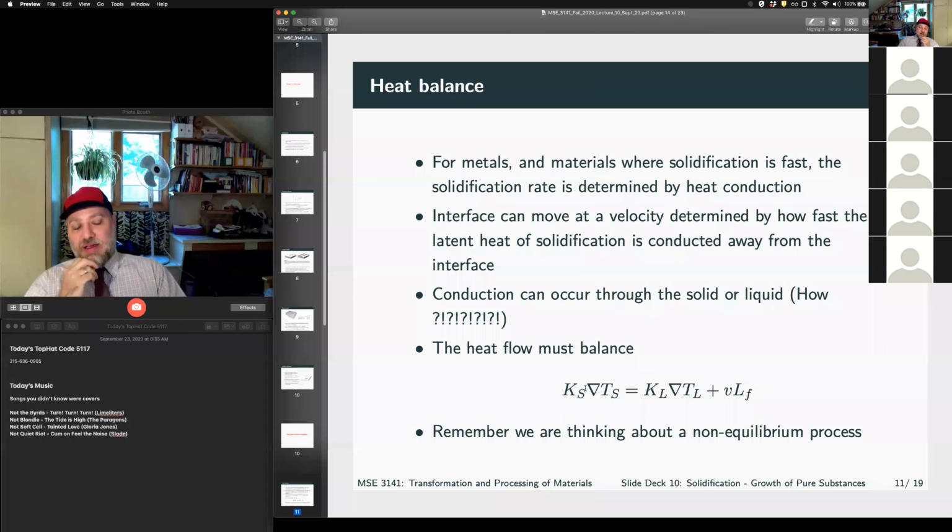In the reading, Porter and Easterling use a prime, an apostrophe, to indicate the gradient, the derivative. I think it makes a lot more sense if you actually put the nablas in there.